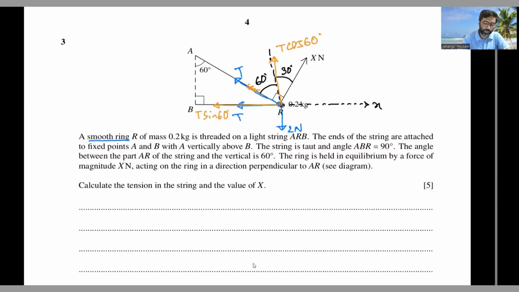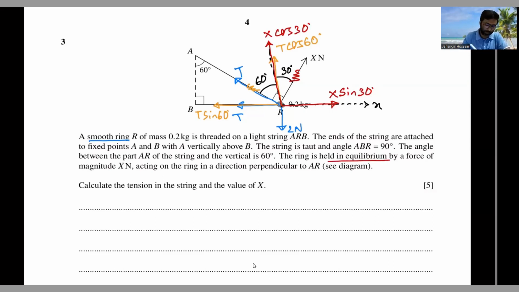For X, the angle it makes with the vertical is 30, so the horizontal component will be X sin 30 and the vertical component is X cos 30. So now we have resolved these two forces into components. Now let's equate horizontally and vertically because the ring is held in equilibrium.